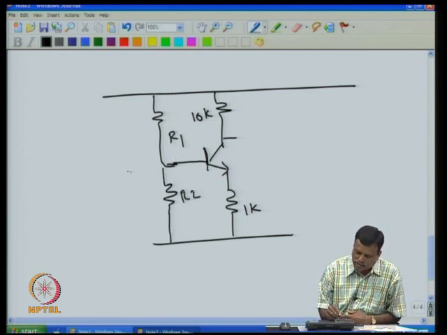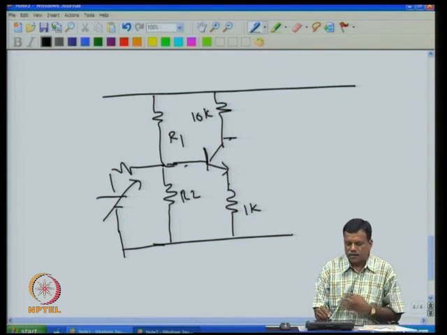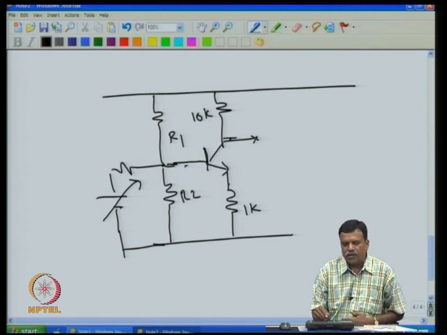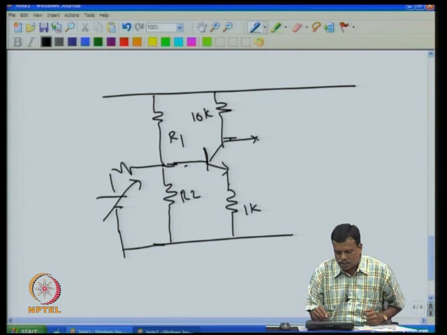Then I can apply a DC voltage here. Now if I vary this voltage, then voltage at this point will vary, and voltage at this point will vary, and voltage at this point will vary. Then this DC voltage will get amplified, and you will have more change than the change that you gave at this base.